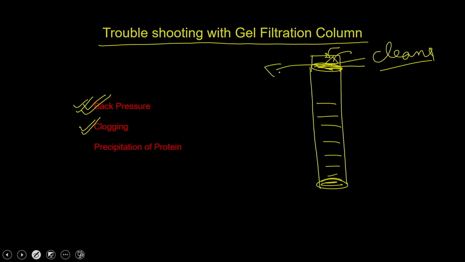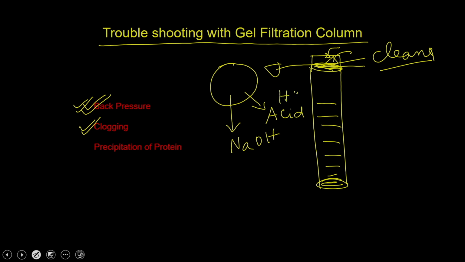If you have the clogging problem, then what you have to do is take out these filters and treat them with the acid, or you can treat them with NaOH, the alkali. In the acid, you can treat it with HCl. When you treat it with HCl or NaOH, the proteins present in these pores are going to be damaged, and that is how it is going to be cleared off.